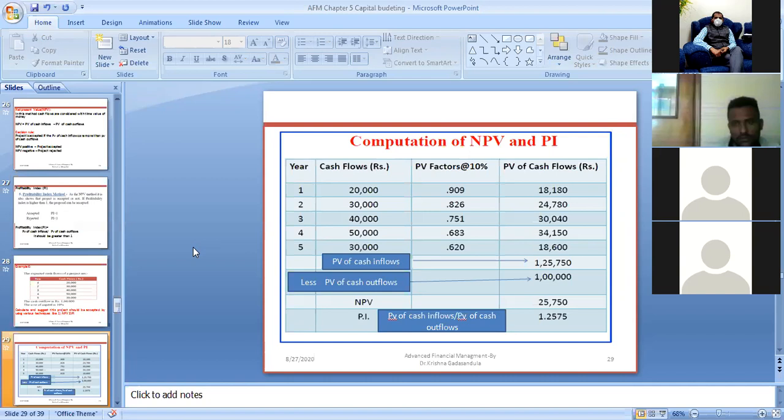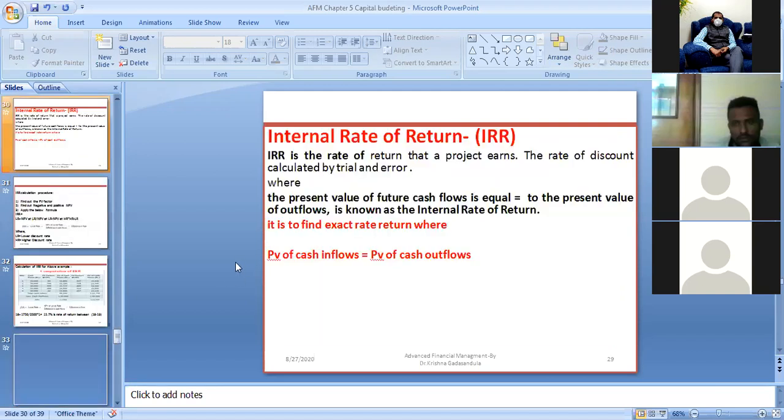If you want, I can share them, no problem. Like this is the calculation of NPV and IRR.